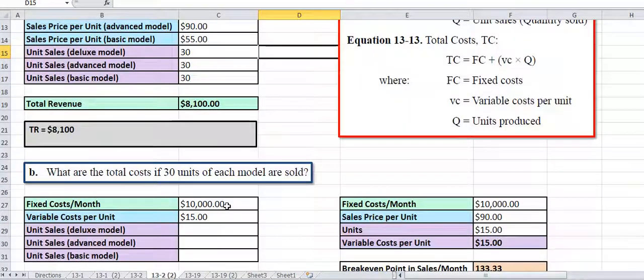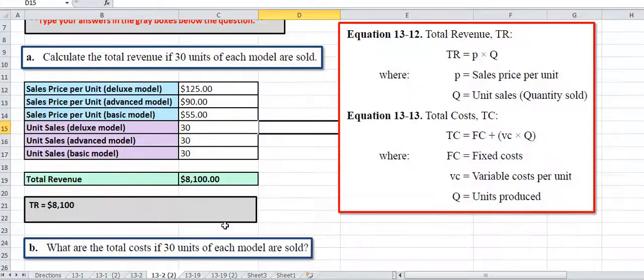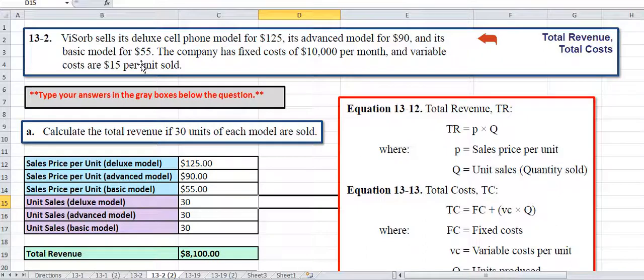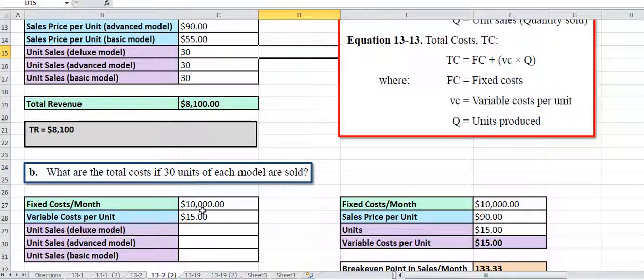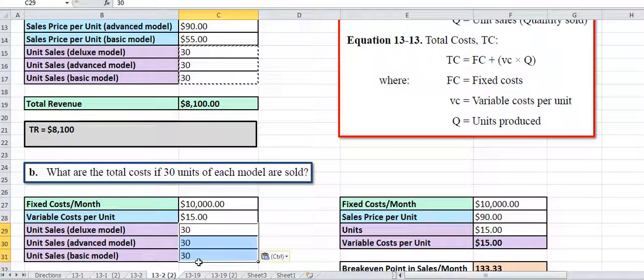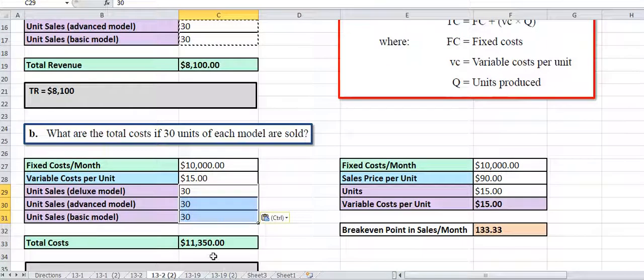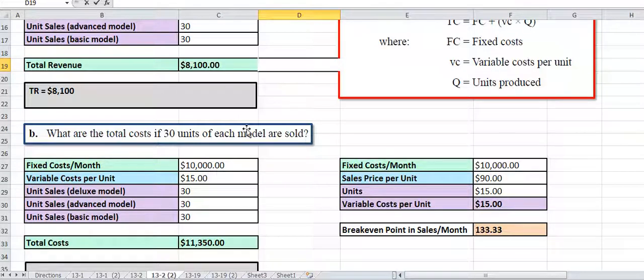I've already put that in right here, and a variable cost per unit is 15. So I put that right here, and then if we use the same number of unit sales, we'll put that right there, and we'll get our total cost of 11,350. Now that's going to be way more, as you can see, than your total revenue.